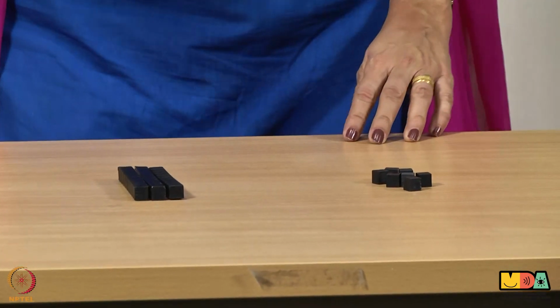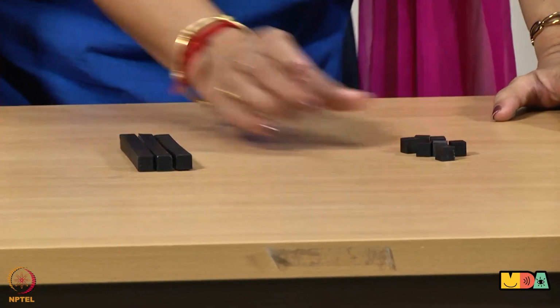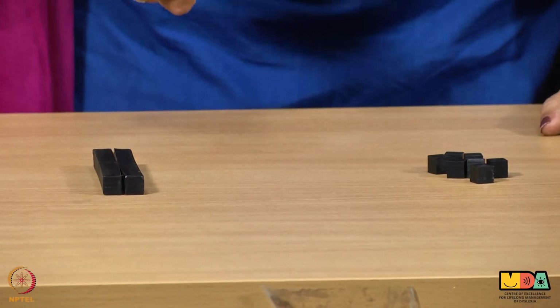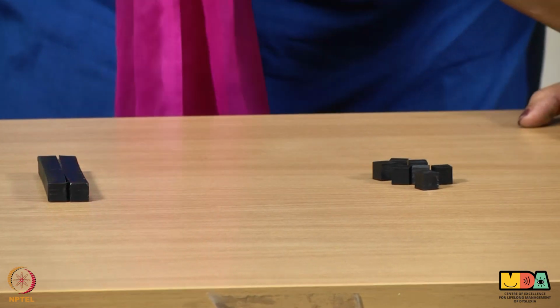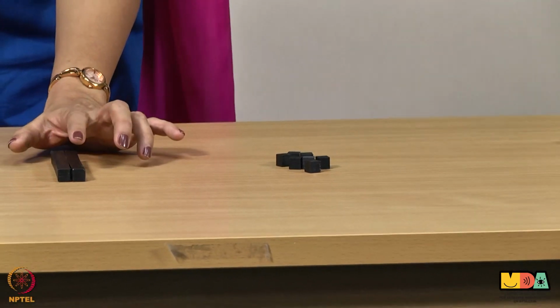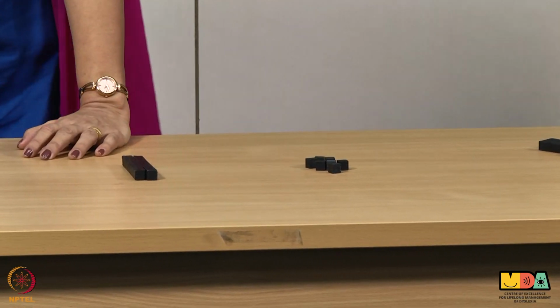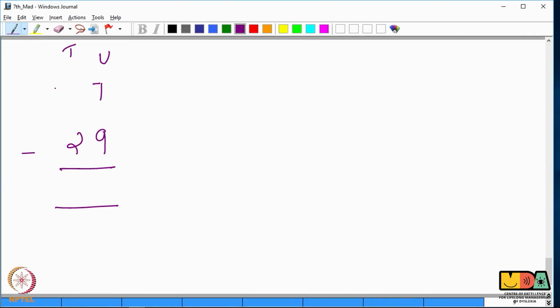So, the child has to take away 9. The child knows that she can't take away 9. So, she borrows from the tens and leaves it here in the bank. The minute they do it, please ask them to count the number of tens. They have only 2 tens. That means they are going to go to their notebook and change this as 2.